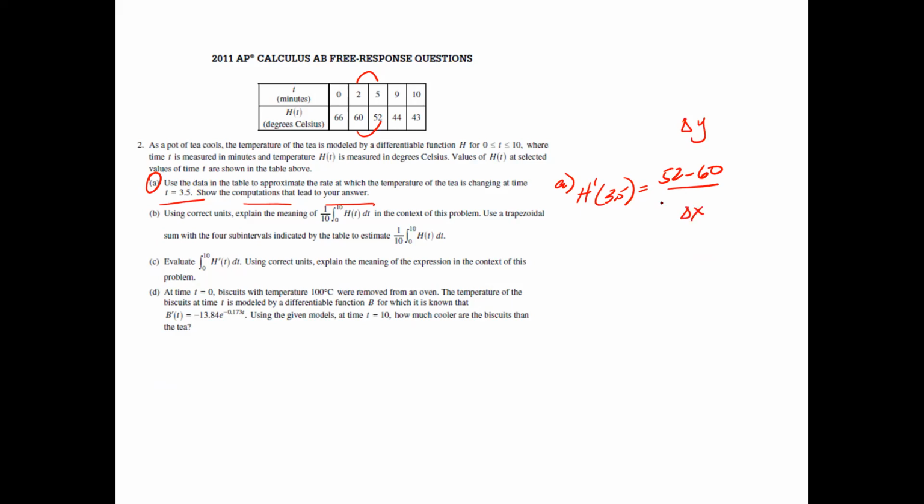Your x values are 5 minus 2. That gives me negative 8 over 3, which is the rate of change in degrees Celsius for every minute. And that is your answer for A.